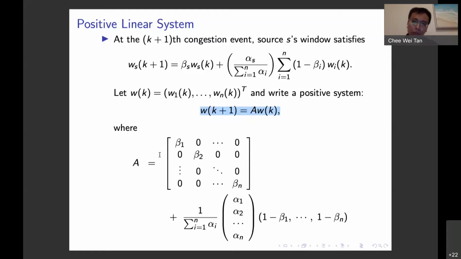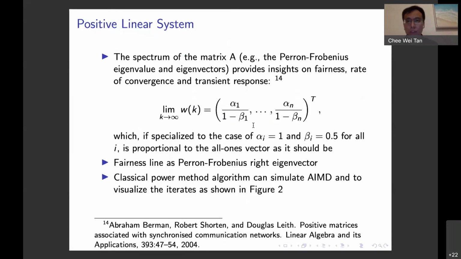everything is positive for this matrix, likewise for the vector. So in other words, over here we have a positive linear system. The spectrum of this A governs the evolution of this vector W. And the nice thing is that, as I mentioned, it's all positive, not negative, so the Perron-Frobenius theorem is particularly important.